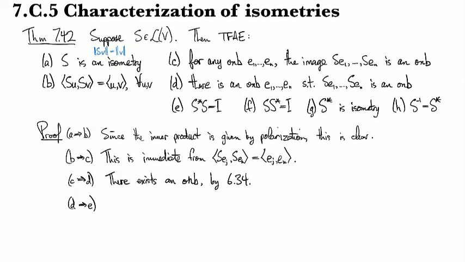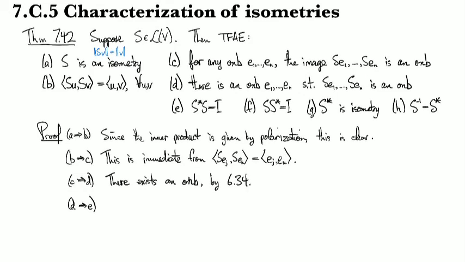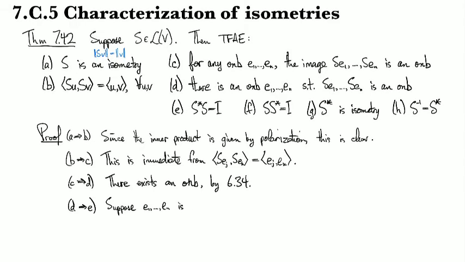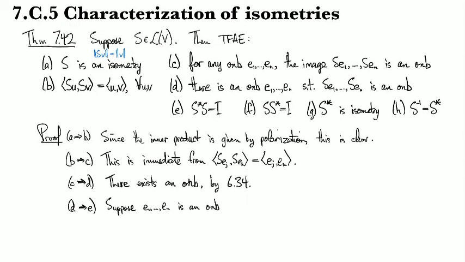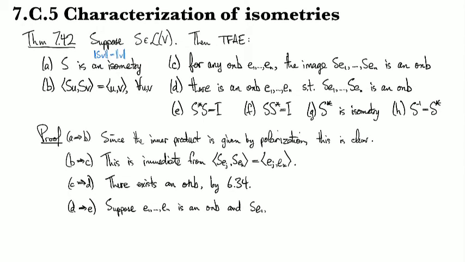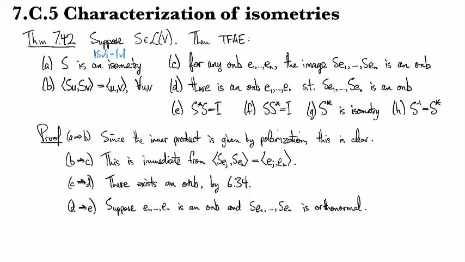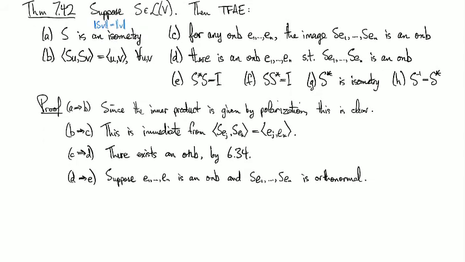Now we're going to do D implies E. This one takes a little bit of work because D is basically the weakest hypothesis that we have up there. So suppose that E1 through En is an orthonormal basis, and that SE1 through SEn is orthonormal.